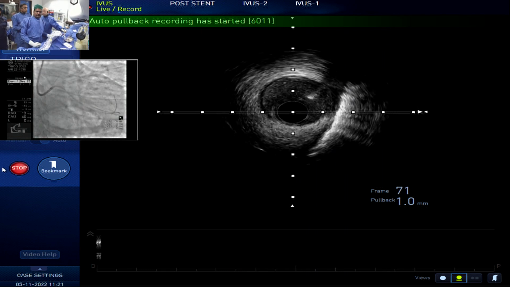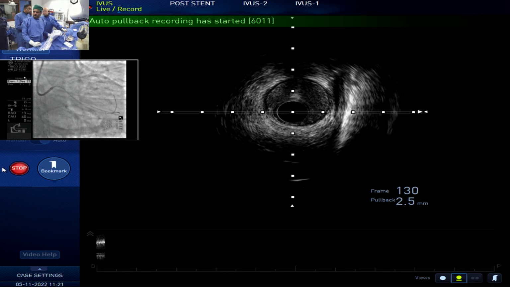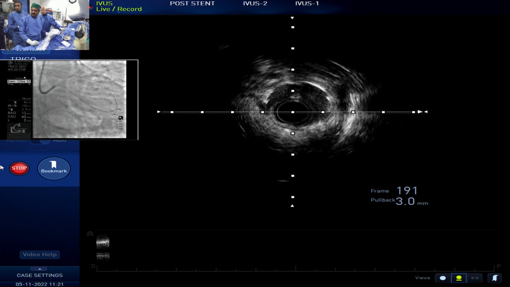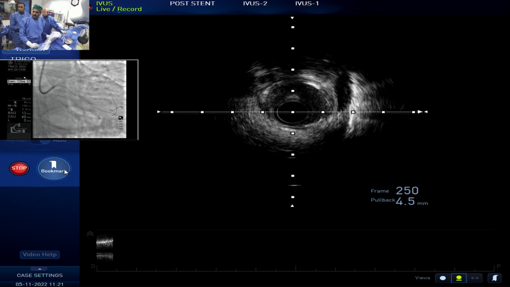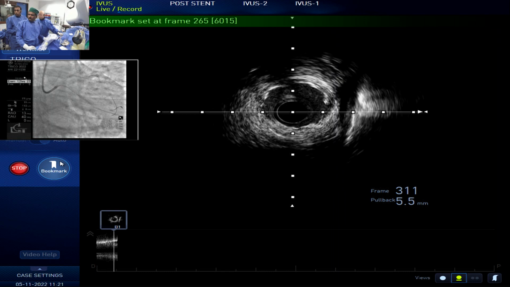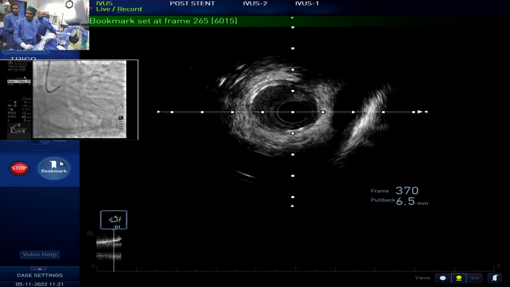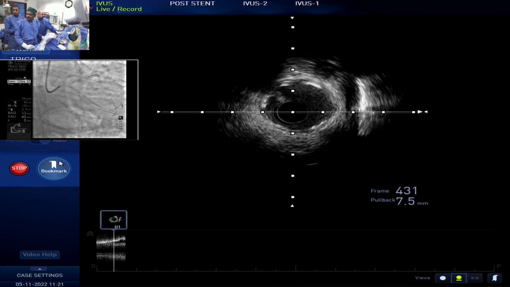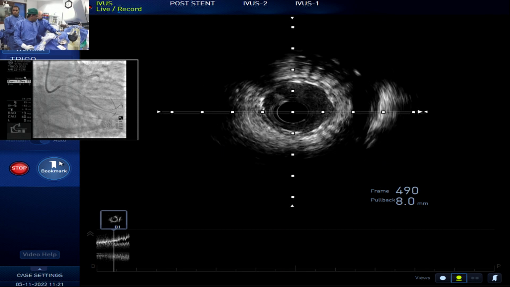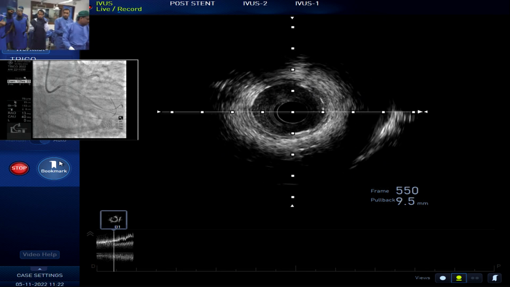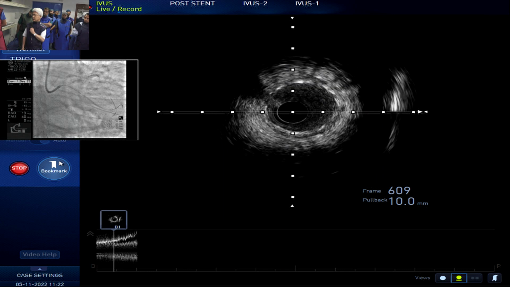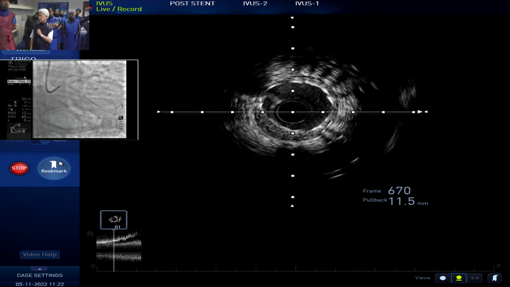The vessel is completely normal, I think, by IVUS. Here is the distal edge, no dissection, very good. We can identify the epicardium at 3 o'clock. Expansion is good in this portion.